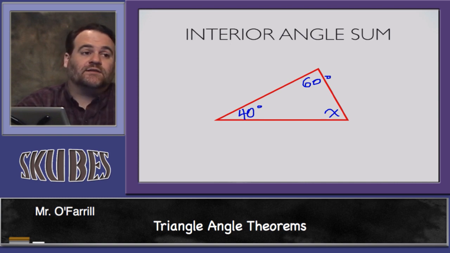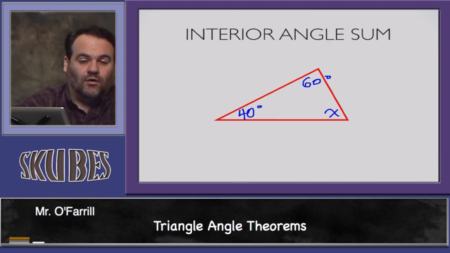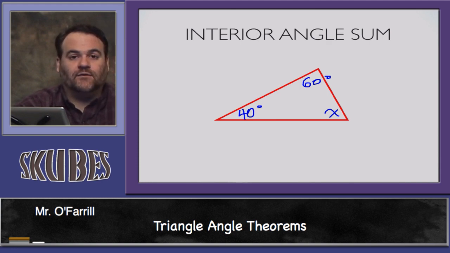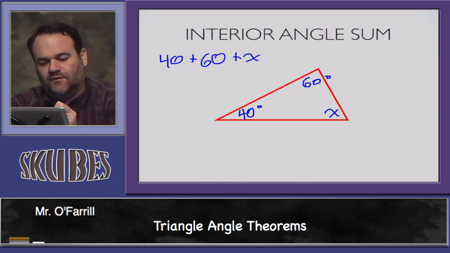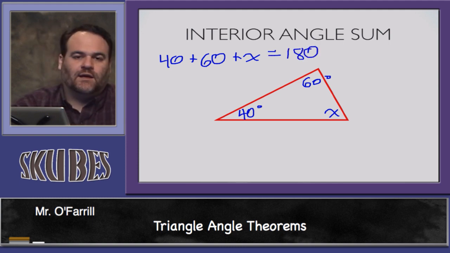Simple enough. Like I said on that first slide, the sum of all of the interior angles of a triangle is always 180 degrees. So what we're saying is that 40 plus 60 plus this x, whatever that is, is going to equal 180 degrees.